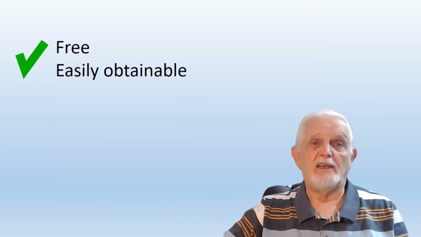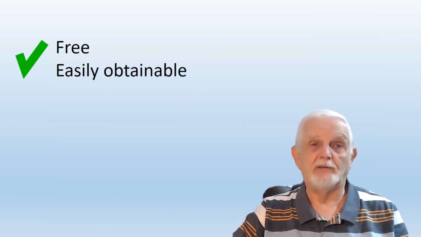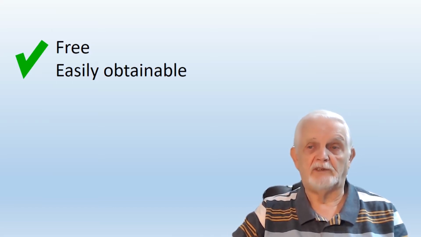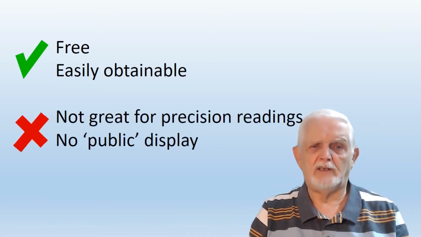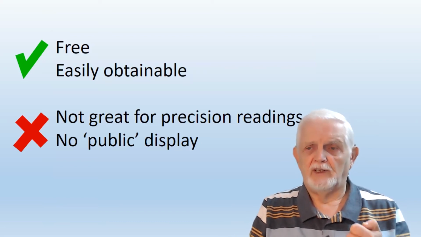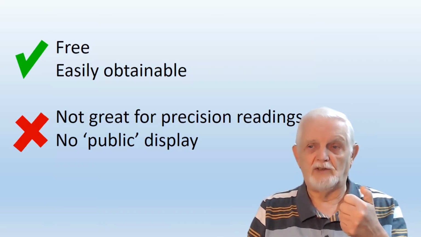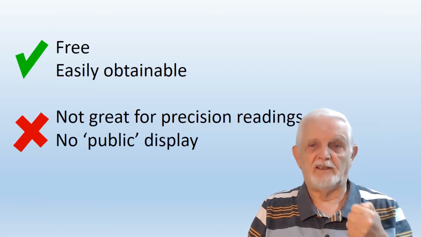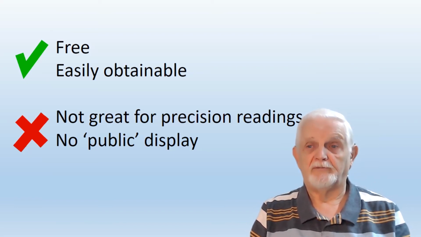The benefits of that is it's free. If you've already got a phone, it's free. The apps are free to obtain. The software to calculate it, freely available. Downside, it's not great for precision because it depends on how accurate you are and you hitting the button to start and hitting the button to stop.